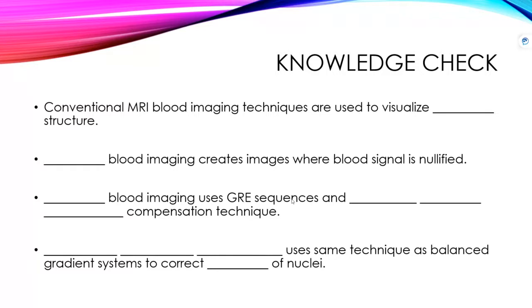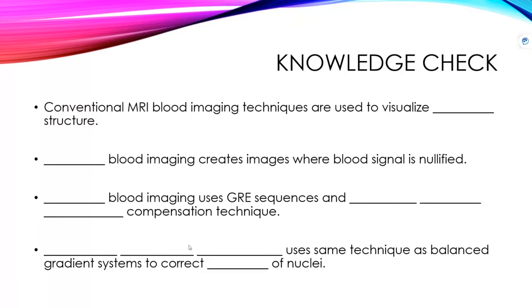What type of blood imaging uses gradient echo sequences and this type of compensation technique? Go ahead, Lena. White blood imaging uses GRE sequences and gradient moment nulling compensation technique? Yes, bright blood imaging uses GRE sequences and gradient moment nulling compensation techniques, GMN.